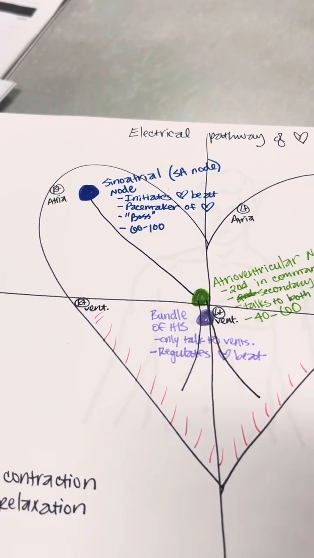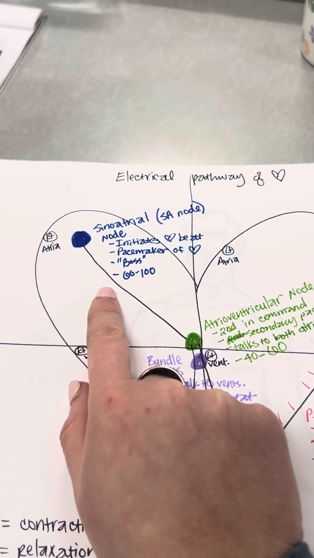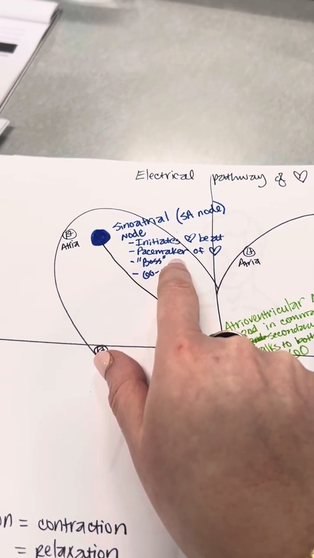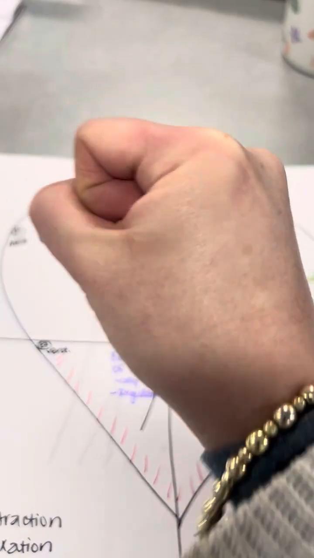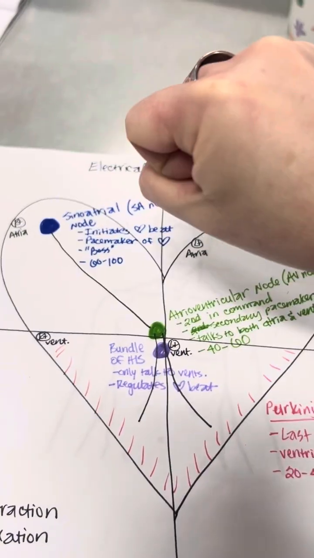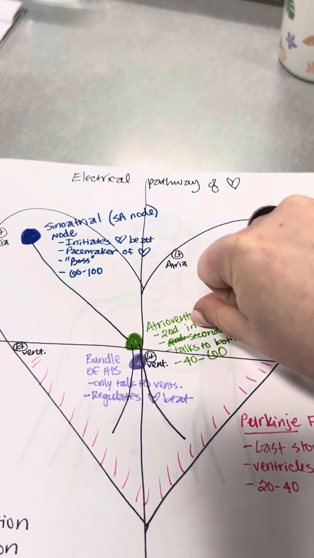So this is what happens. The SA node only talks to the atrial cells. When it initiates the heartbeat, because it is the pacemaker of the heart, it's going to tell the atrial cells to depolarize, and they all depolarize at one time. So the atrial cells are depolarized. Well, the SA node sends that impulse on to the atrioventricular node.